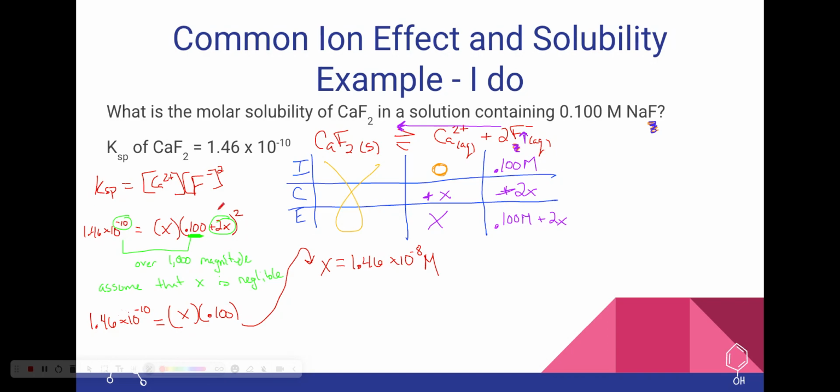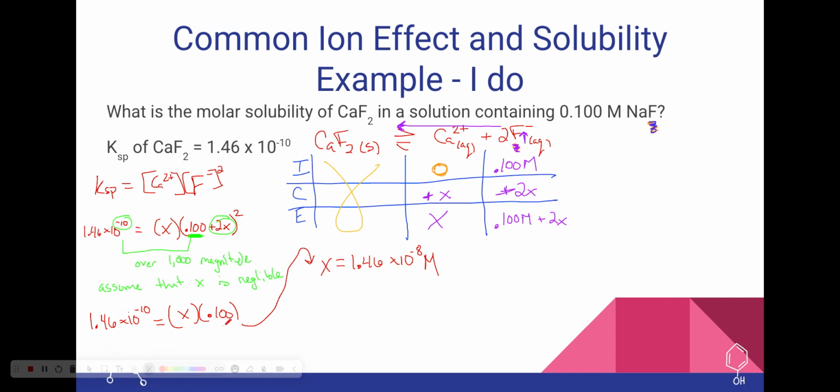Okay. Now, again, the reason why we can assume x is negligible when we're comparing the Ksp value to the concentration we started with is that there is over a 1,000 magnitude difference, okay? So therefore, we can assume x is negligible.